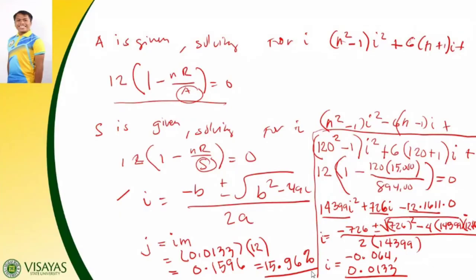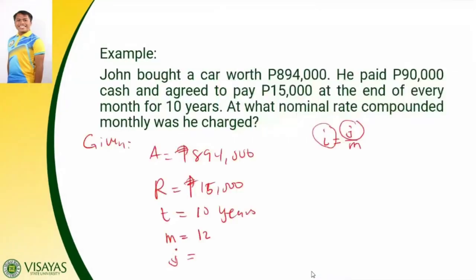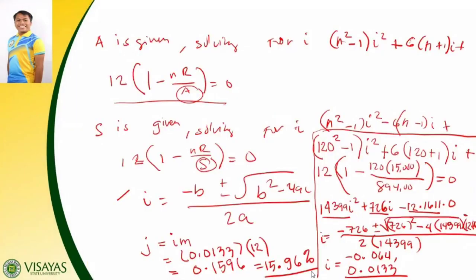Okay, so that's it. The answer there is 15.96%. So for the problem, at what nominal rate compounded monthly was he charged? He was charged 15.96% compounded monthly.